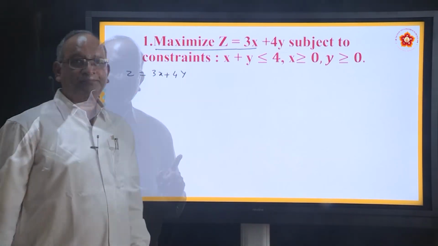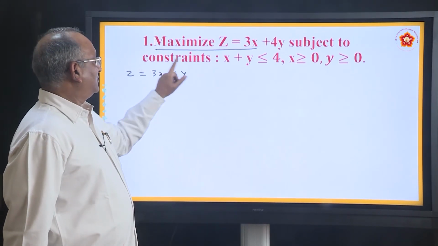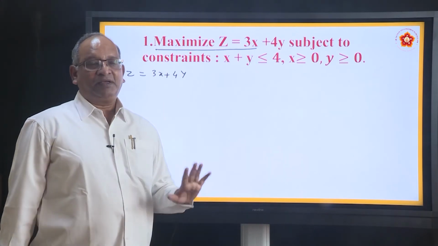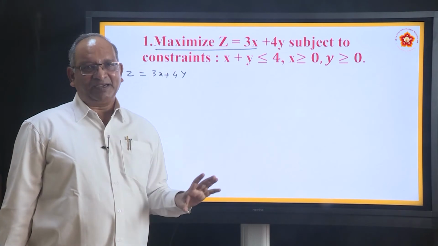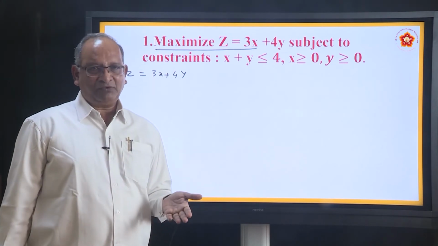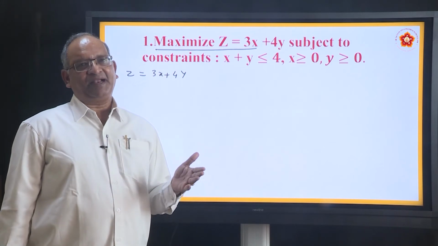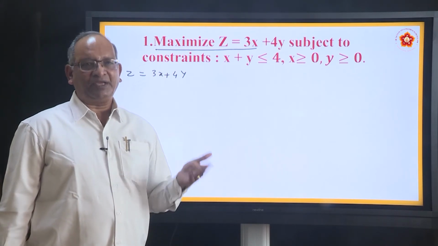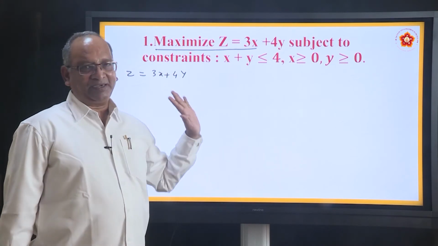Convert all, yes. So the constraints are this. Remember, constraints will always be in the form of inequalities. Either he will give or we have to form. But in order to draw the graph, we have to convert them into equations. Shading will be done according to the inequality.